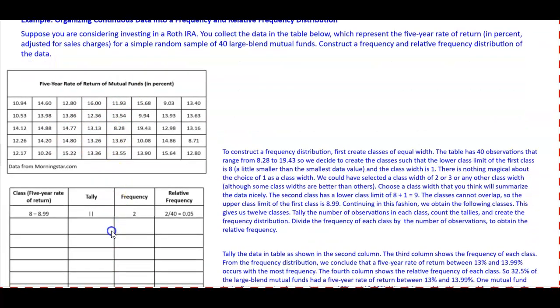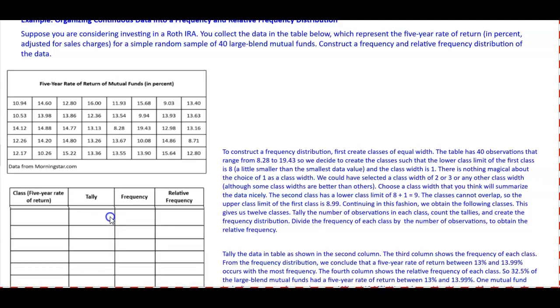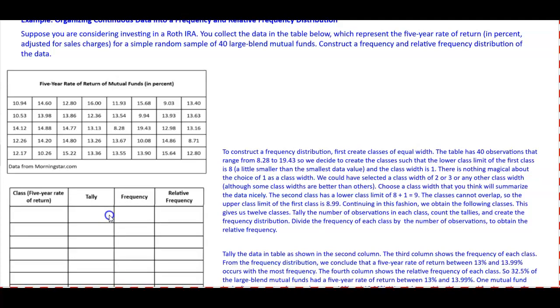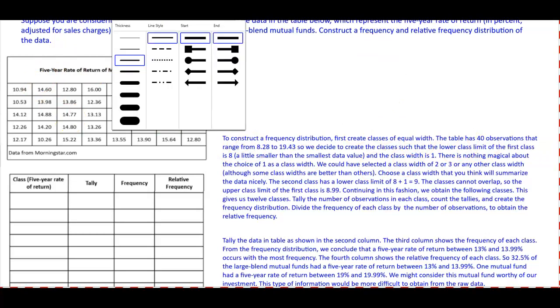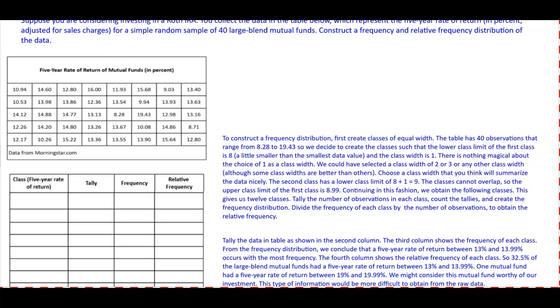First, we're going to construct this frequency distribution. We're going to create classes of equal length. So the table has 40 observations. The lowest value that we have is 8.28, and the largest value that we have is 19.43.